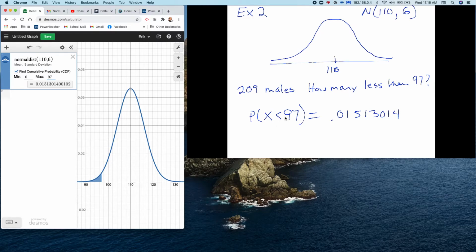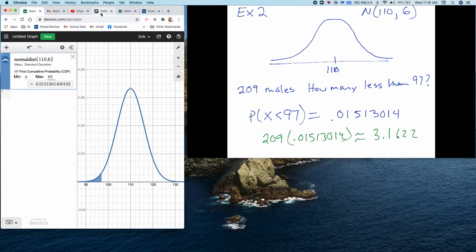If we take that percentage and multiply it by 209, we should get the right number. Use your calculator however you want to do it, but 209 times 0.0151314, you should get roughly 3.162.